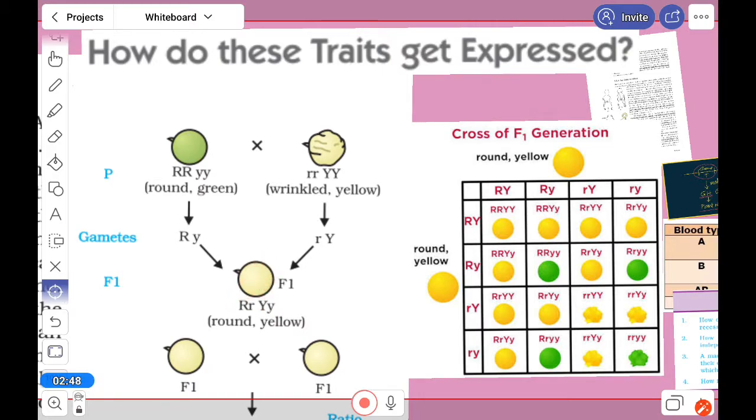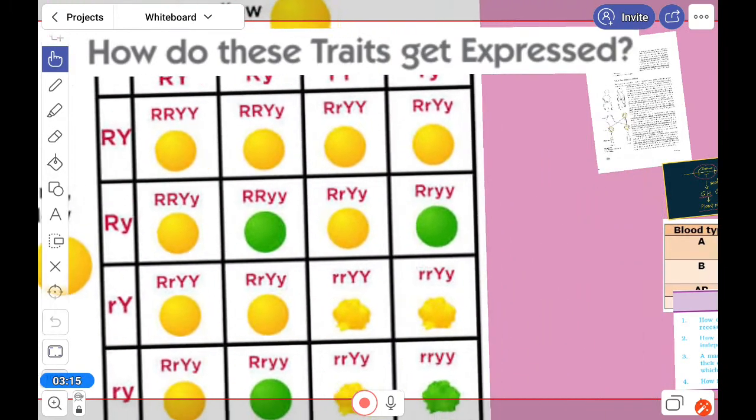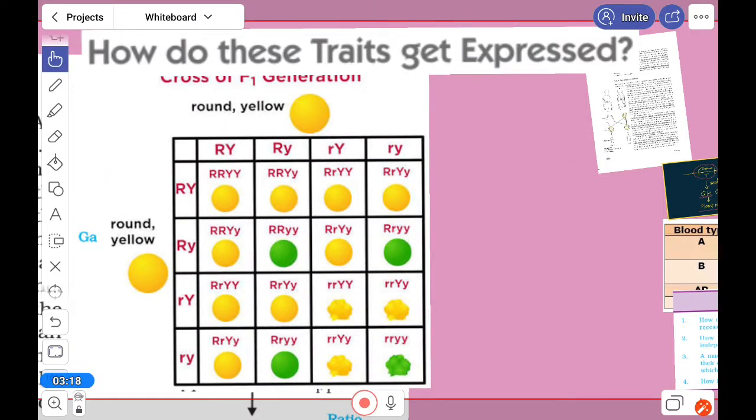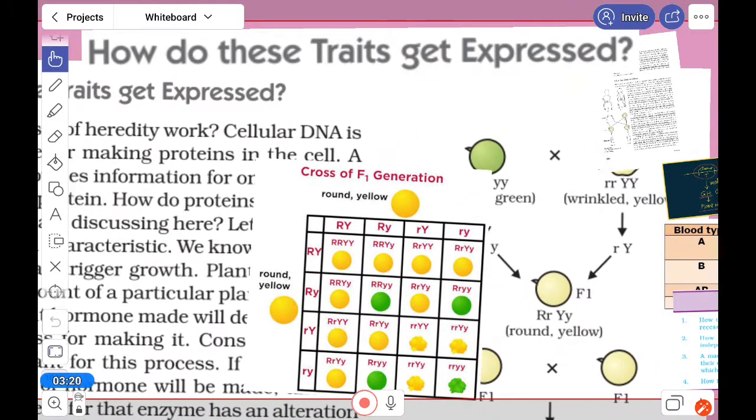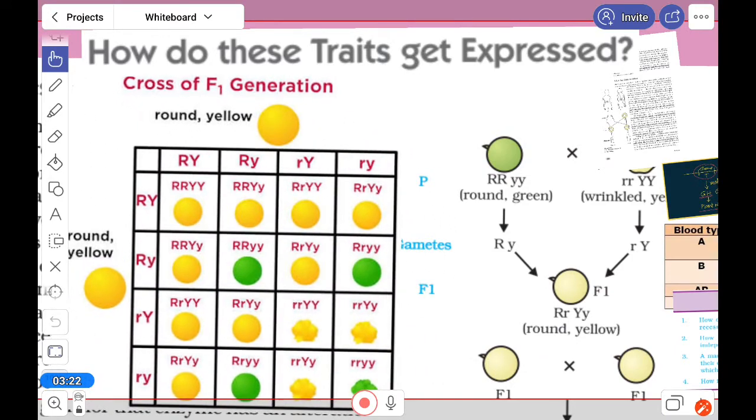But in the next generation, RRYY, if the same F1 is crossed, then we get 16 varieties, because there are 4 different gametes.